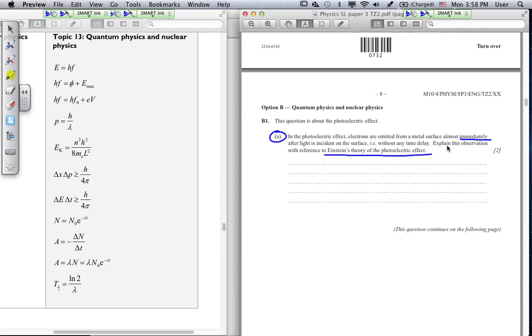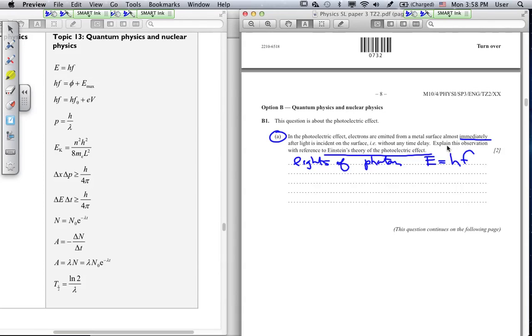So Einstein said that light consists of photons, where E is equal to hf. Each photon has an energy equal to Planck's constant times its frequency.